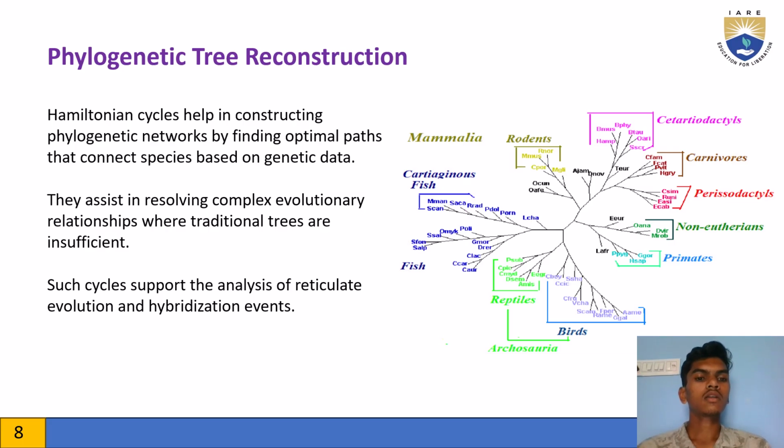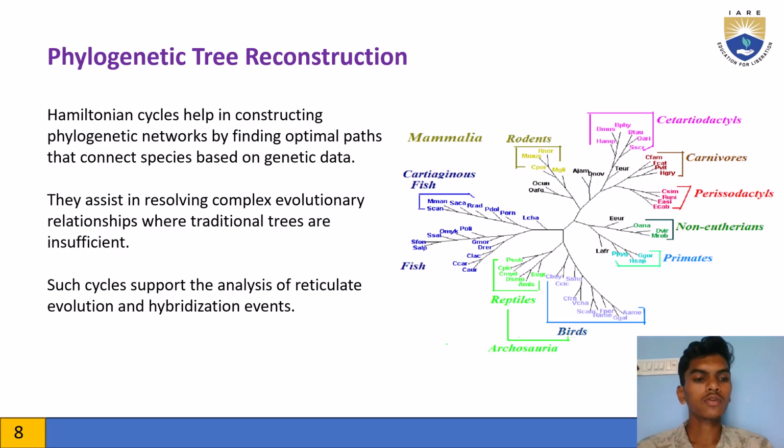They assist in resolving complex evolutionary relationships where traditional trees are insufficient. Such cycles support the analysis of reticulate evolution and hybridization events. You can see the image of the tree construction about phylogenetics, which consists of some parametric things.